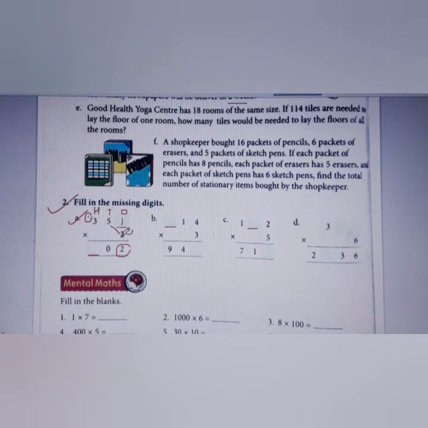Now we will multiply 2 with 3. So 2 threes are 6 and 1 which is carried over we will add. So 6 plus 1, what do we get here? 7. 6 plus 1 we get 7. This is how we filled all the missing digits.